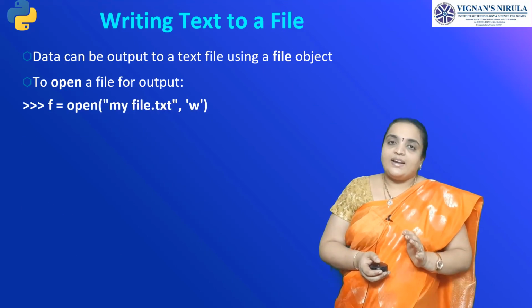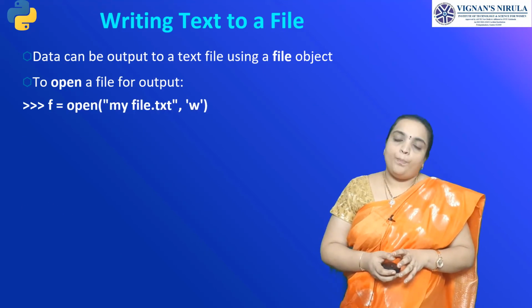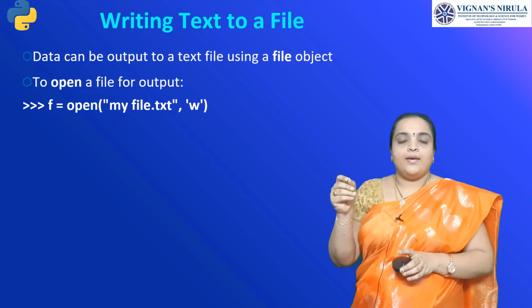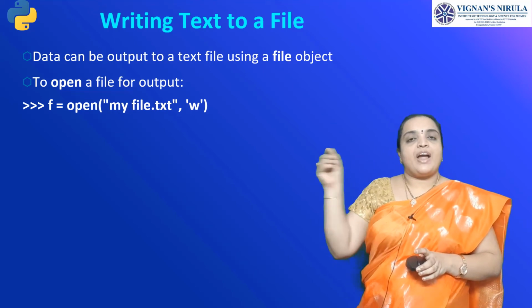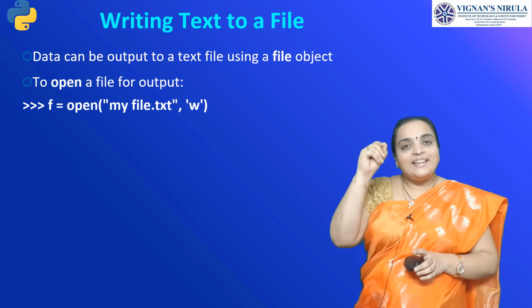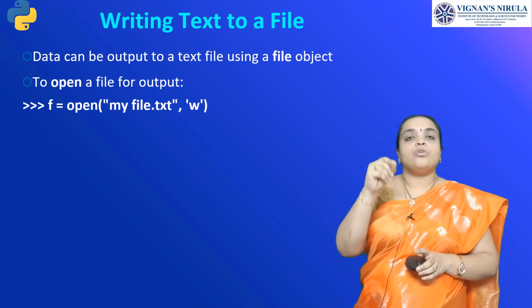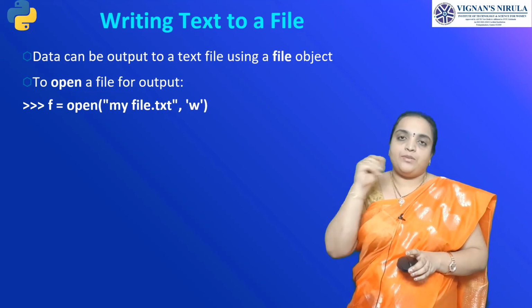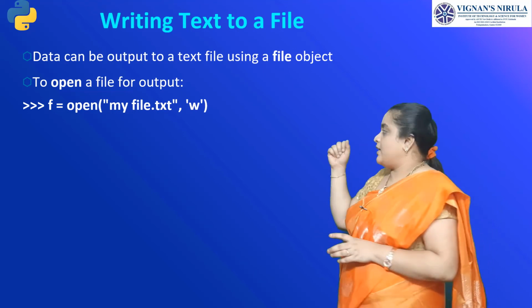That is open. So f is equal to open a specific file in write mode. If you want to write data to your file, you have to open the file in W mode, meaning write mode. So what does this statement do?